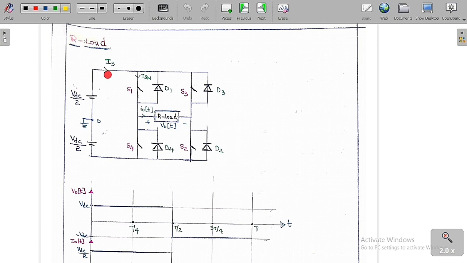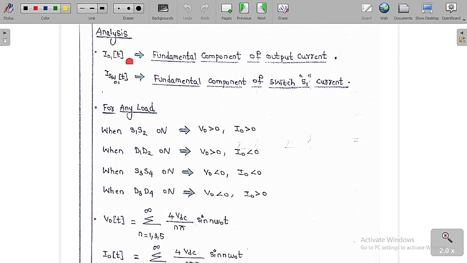This is called the source current. IS is the source current. And this is called the switch current, which is the current through any of the switches. I am going to assume the switch as S1. So the current of the switch is ISW. Now we are going to do the analysis of this circuit. I01 of t is called the fundamental component of the output current, whereas ISW01 of t is called the fundamental component of the switch S1 current.